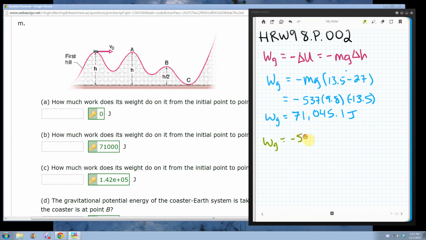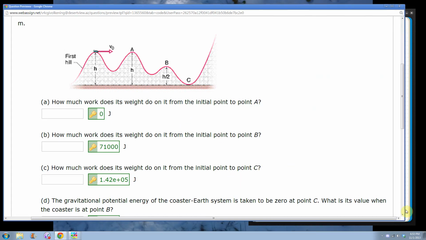Negative 537, 9.8, and it changes by negative 27 meters. Basically I get double this. Let's see, you double 71 and you get 142, with the zeros. Anyway, joules.